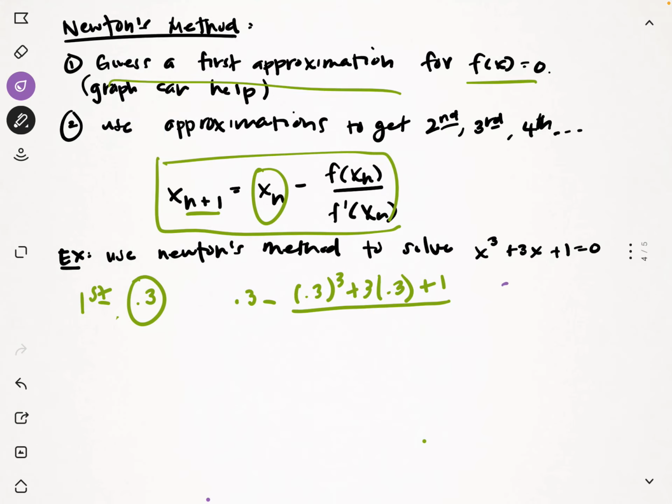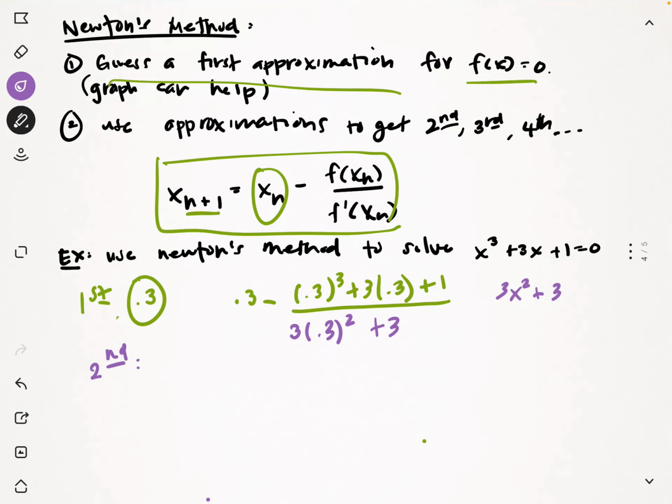F prime would be 3x squared plus 3. So we're going to do 3 times 0.3 squared plus 3. So this would be our second, right? So we're going to put our second in here.